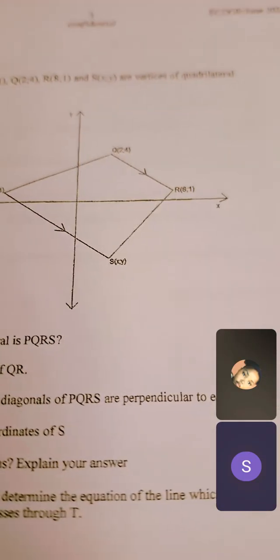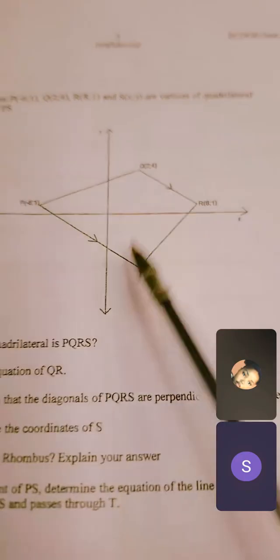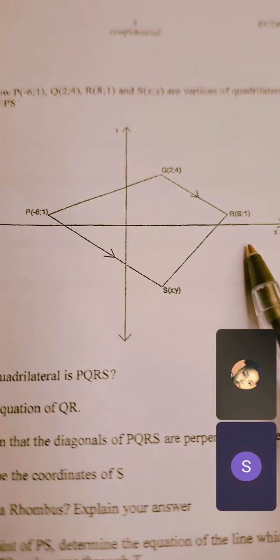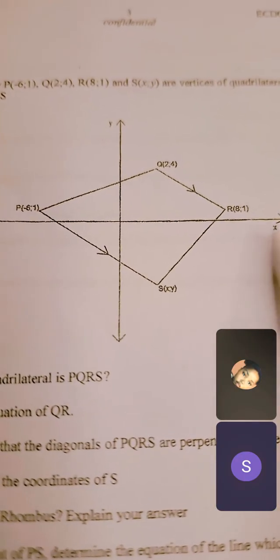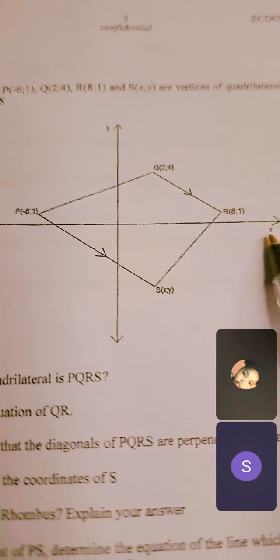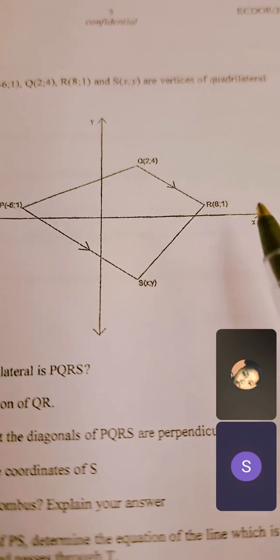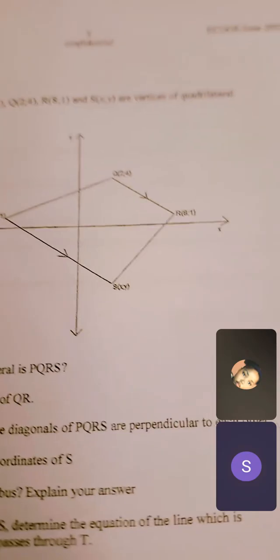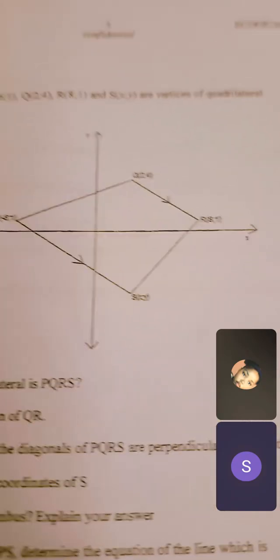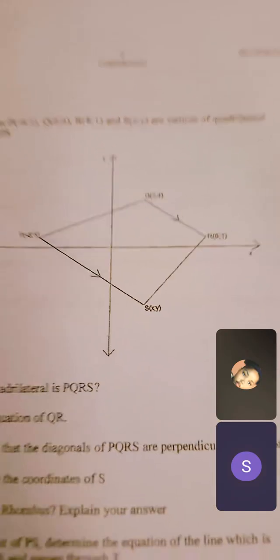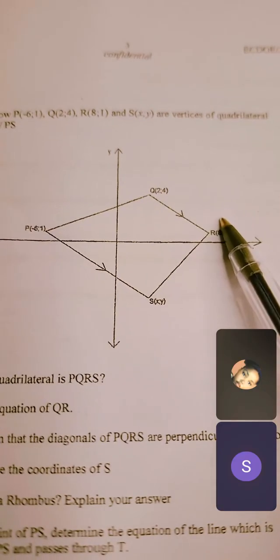Is that your final answer, Asenati? Yes, sir. All right. So rhombus. So you are saying this is a rhombus.